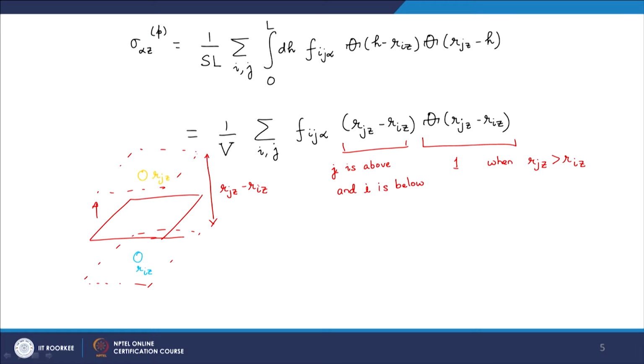essentially r j z minus r I z. So, if I have to look at the net averaged interaction between particle I and j, I can start from a plane containing I, keep on going up until I hit a plane that contains particle j. Once I cross that, then both I and j are below, their interactions will not affect the force acting on the plane. If I go down below I, then also both I and j are above and their interactions will not affect the force.